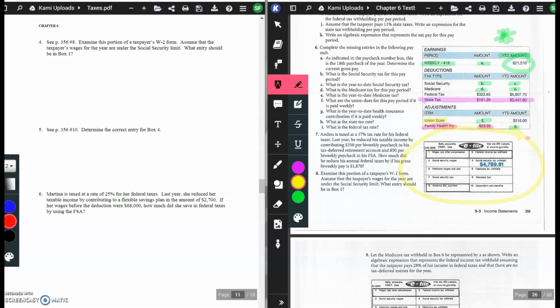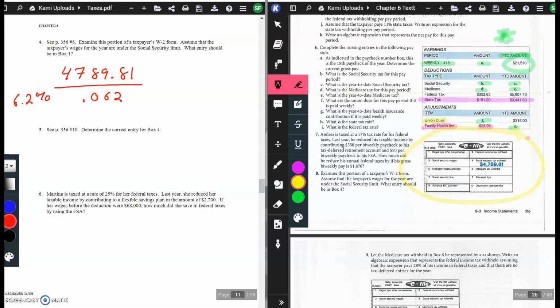Okay, so you're going to take your Social Security amount, which is $4,789.81. You're still under the limit. Remember, we had a dollar limit. Each year it changes. So $4,789.81. And we're going to divide that by our Social Security rate, which is 6.2%. But as a decimal, it's 0.062. We're trying to find our total wages, so we have to work backwards.